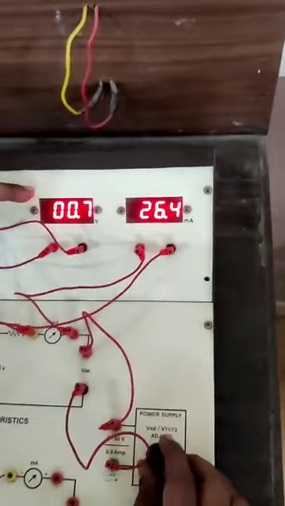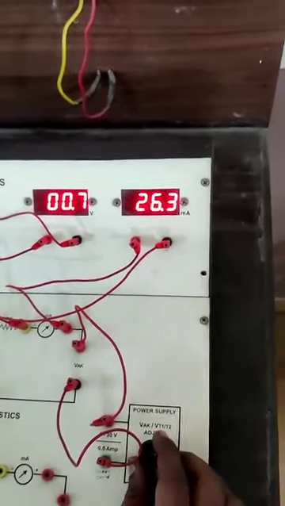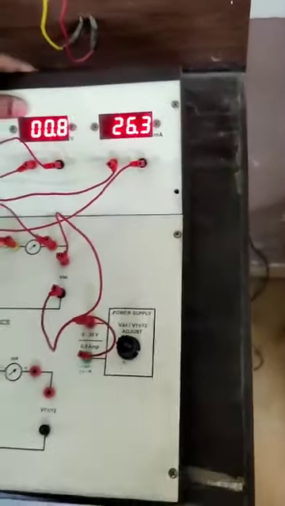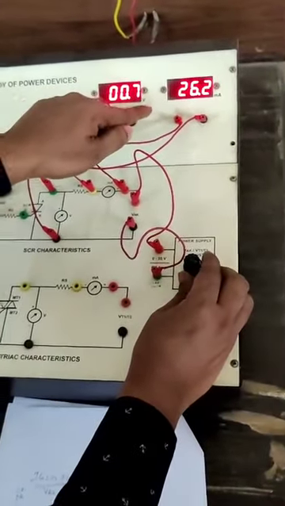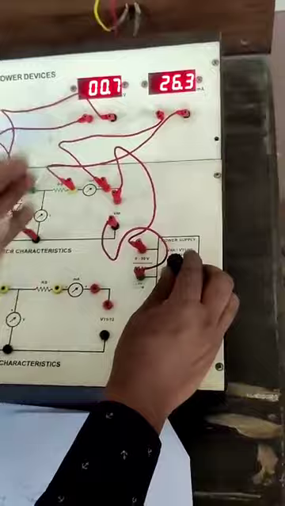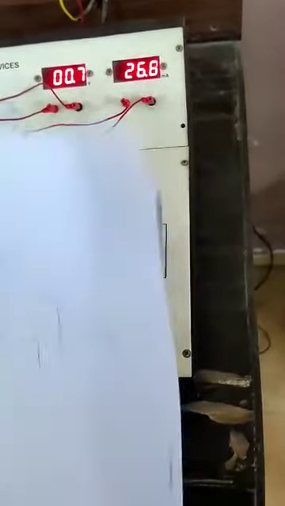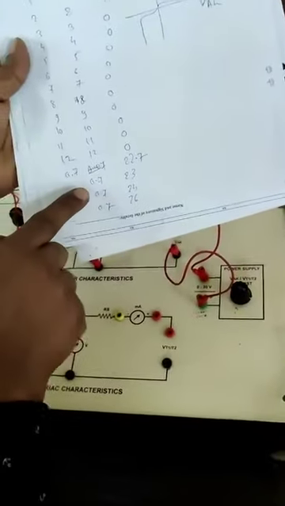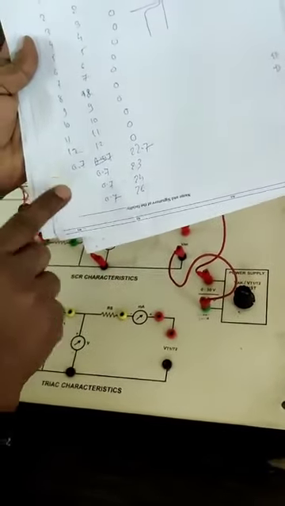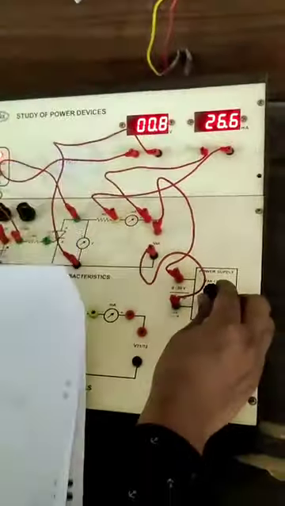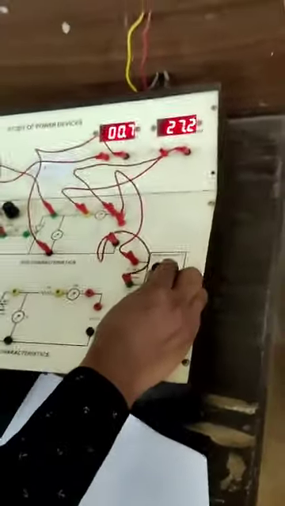But your voltage is 0.7 while the current is increasing, so the anode voltage is constant but your current is gradually increasing now. So these are the readings that you have to take. Your current is increasing but your voltage is constant, that is 0.7. In this way you have to perform the experiment of SCR VI characteristics.